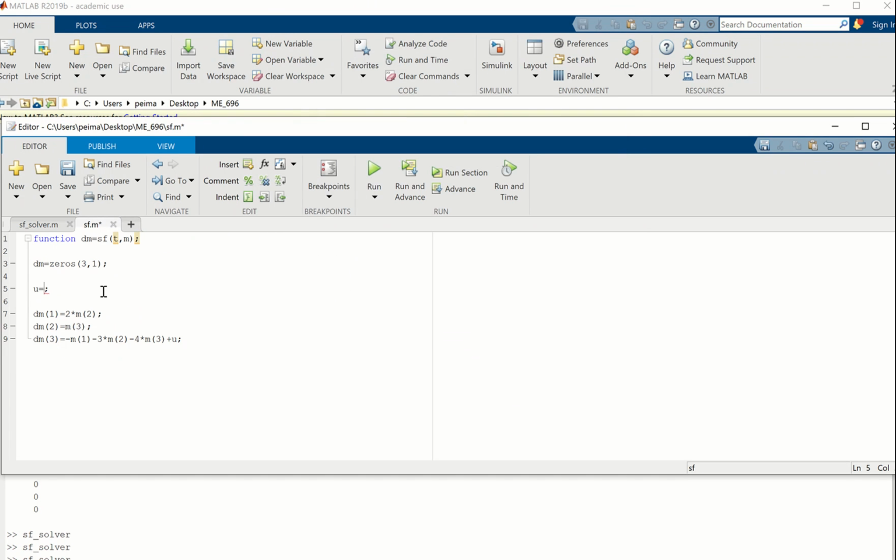The controller is minus k. K we calculated as 493 multiplied by what? M1, that's right, M2, right, and M3.